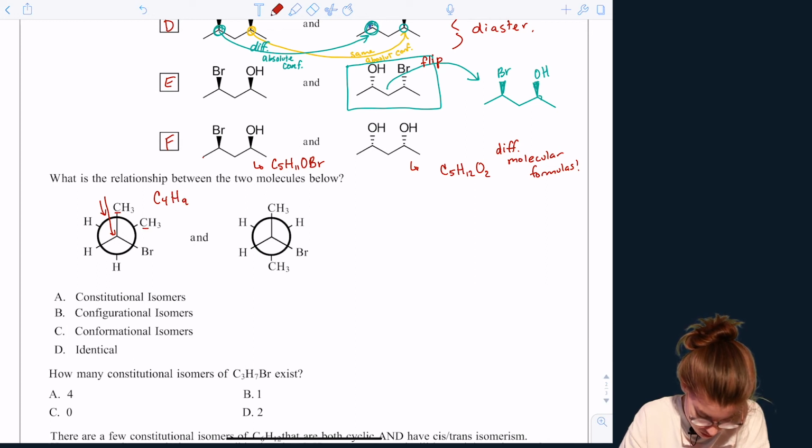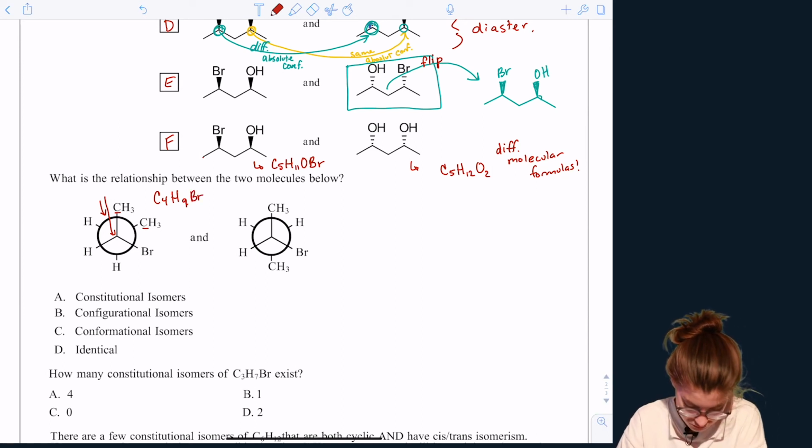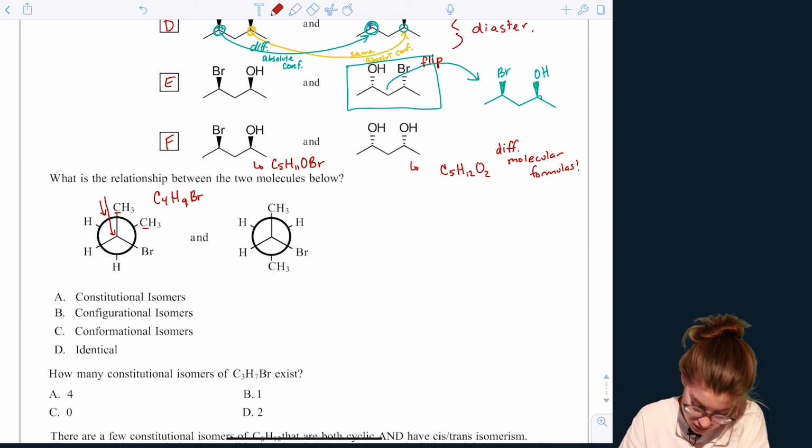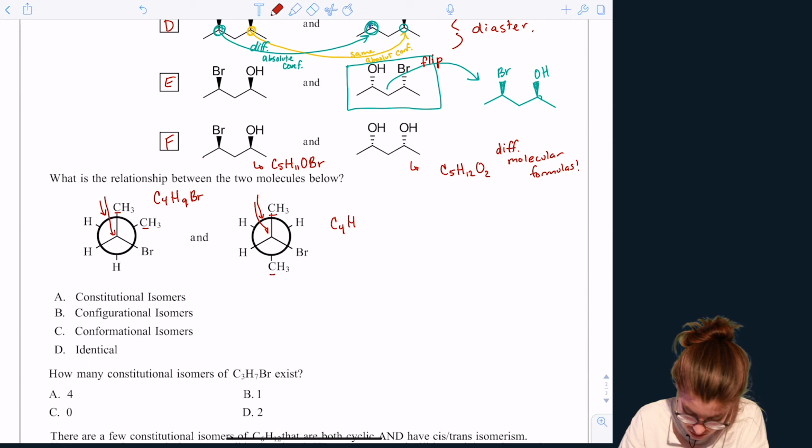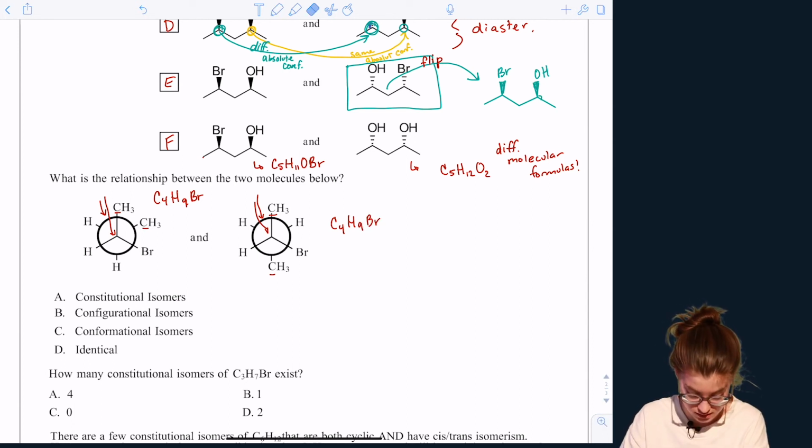Let me make sure that's right. 6, 7, 8, 9. Yeah, that's right. So C4H9 and then Br. Then let's check this one. I've got the front carbon and the back carbon that I can't see, plus these two, so that's C4H, and there's 6, 7, 8, and 9, so H9 and then a Br. So yes, they are in fact isomers, so that's good.